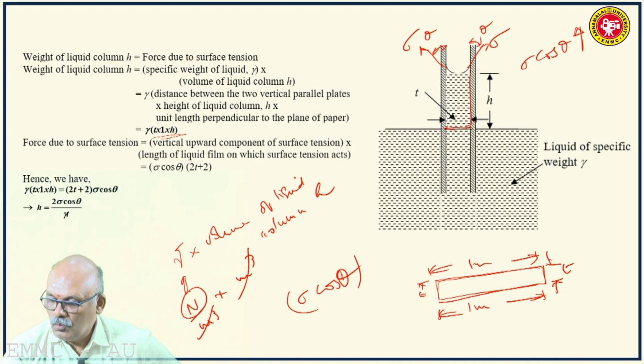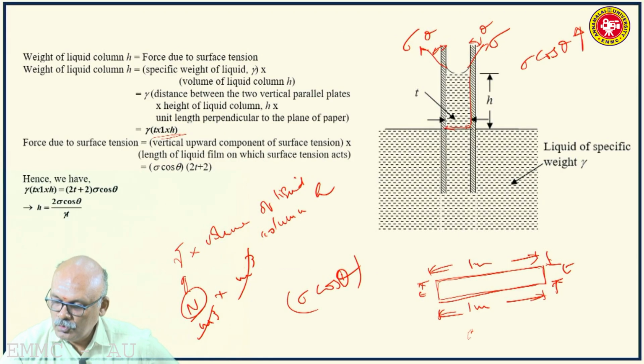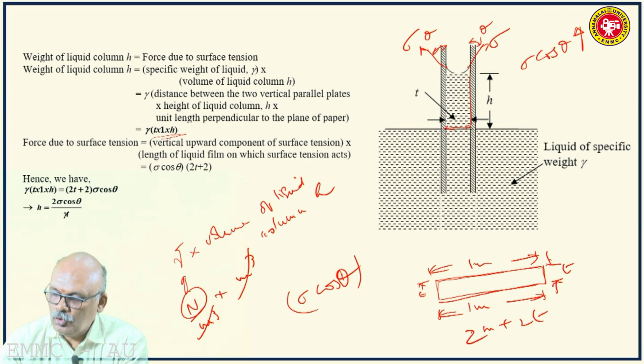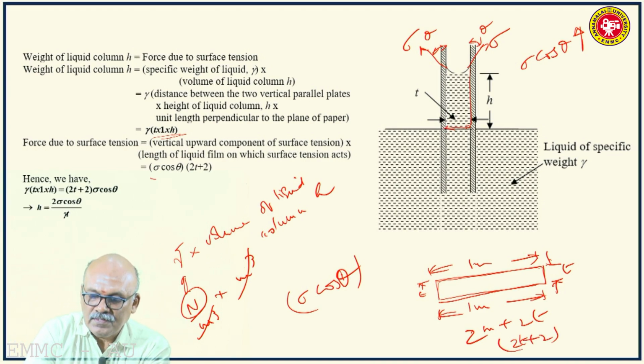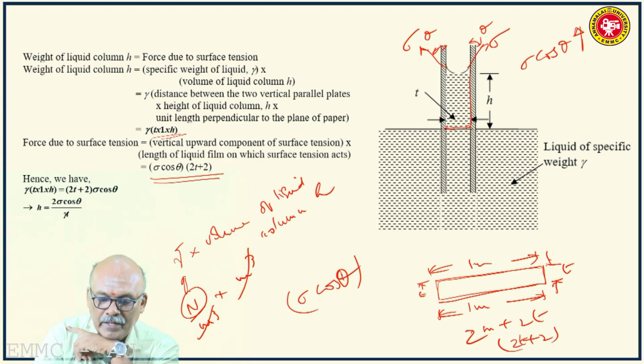So it is 1 meter plus 1 meter plus T plus T. So you get 2 meters plus 2T, that is 2T plus 2. Okay. So sigma cos theta multiplied by 2T plus 2. So equate these two and then find out H. We can prove that H is equal to sigma cos theta by gamma T.